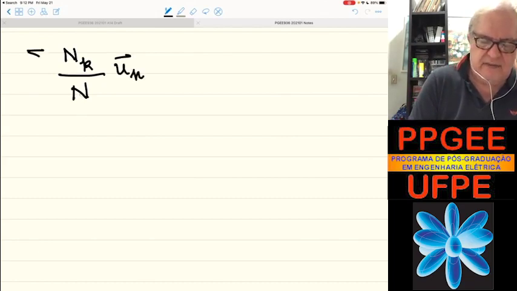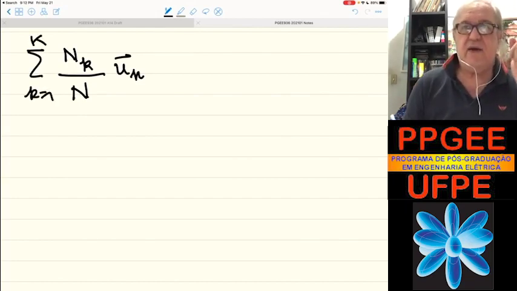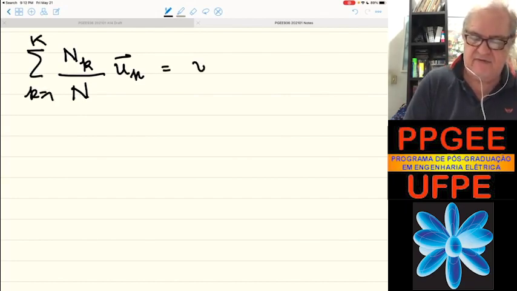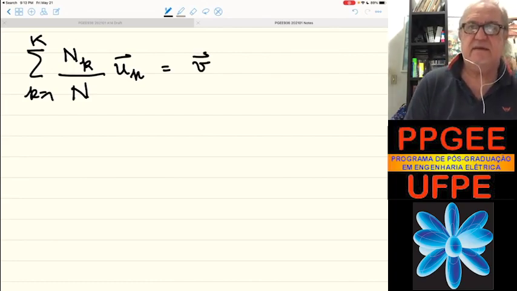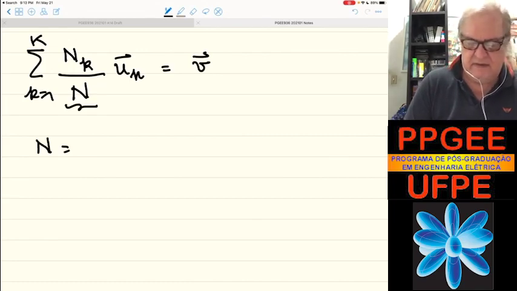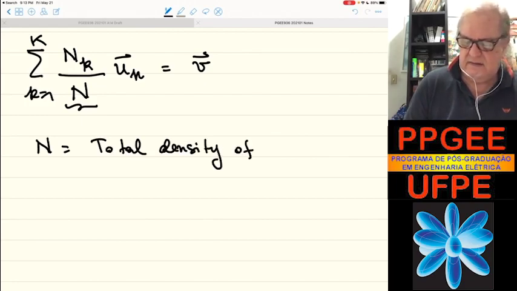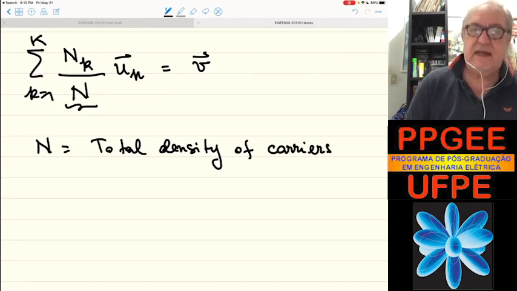Then I would sum over the k groups to get an average velocity. The weight is nk over n. N is the total density of carriers, right?